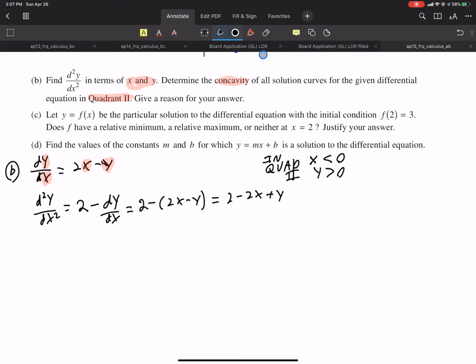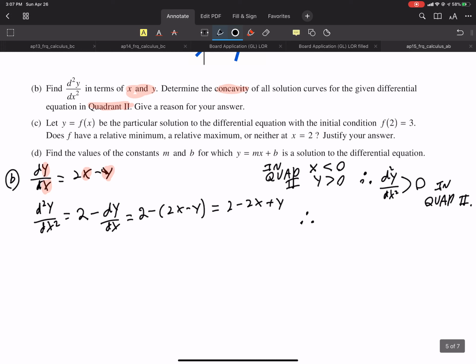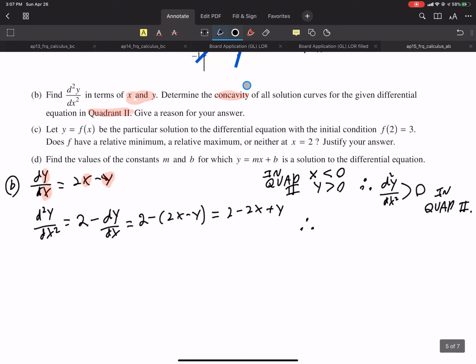Y is always positive. Therefore, the second derivative is always positive in quad 2. Therefore, and let's get the wording, solution curves. What do you know about all solution curves?